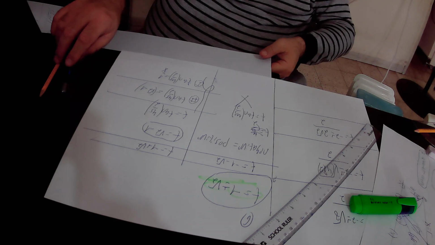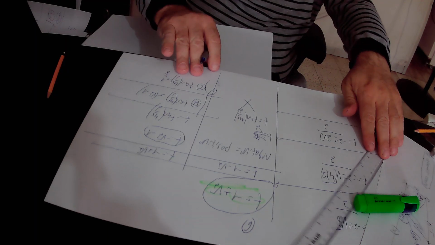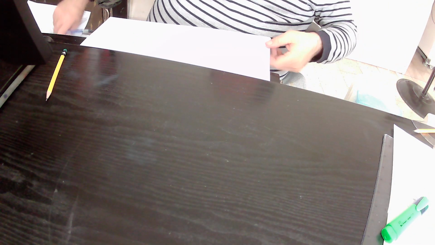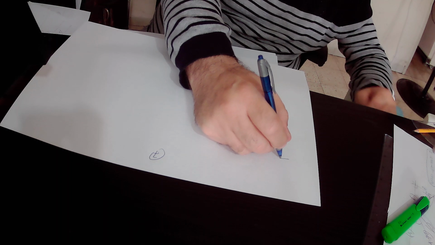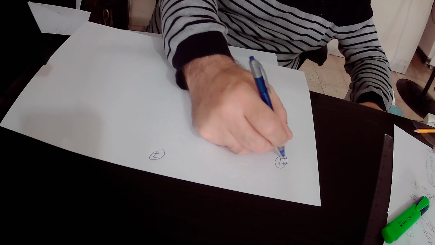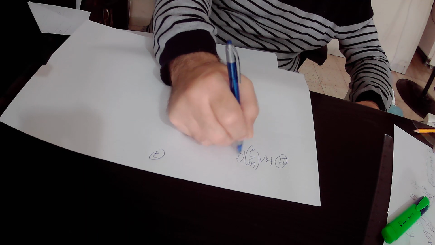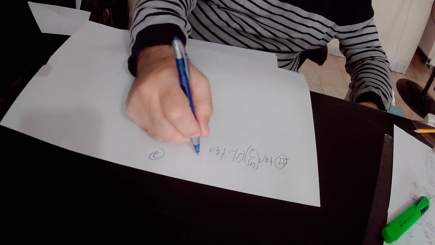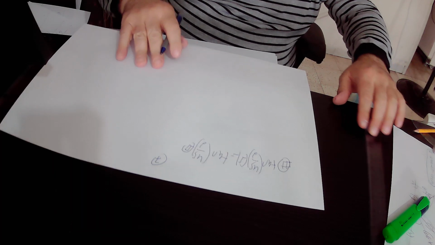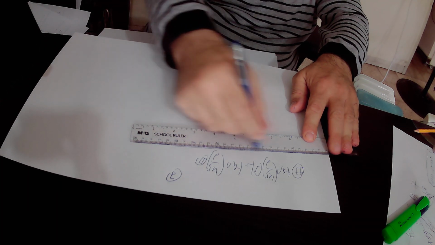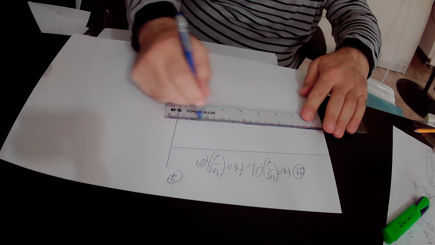Therefore, we create equation number 3 that states that tangent 45 over 2 degrees, according to equation number 1, must be equal to tangent 45 over 2 degrees, according to equation number 2.